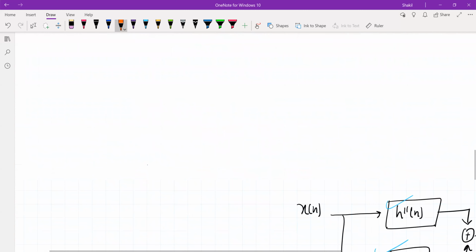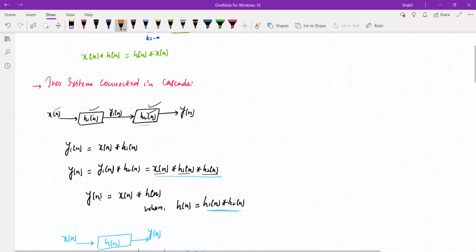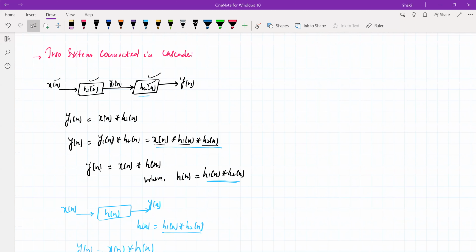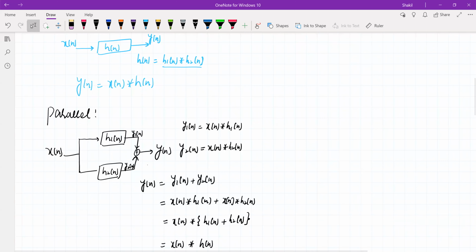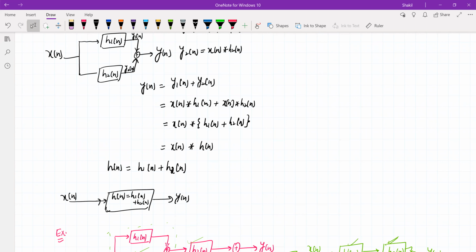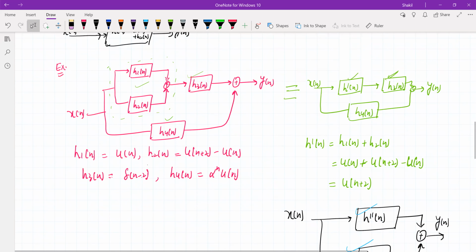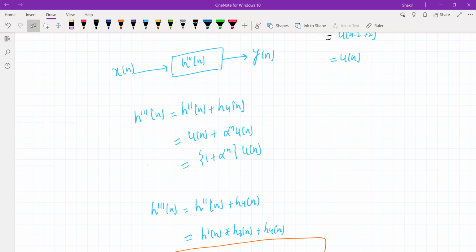This cascade property is sometimes referred to as the distributive property of convolution, and this parallel property, if you say it in terms of numbers, is simply the associative property of convolution. But we did it in terms of system notations. I hope you understood the concept. Okay, let me stop here.